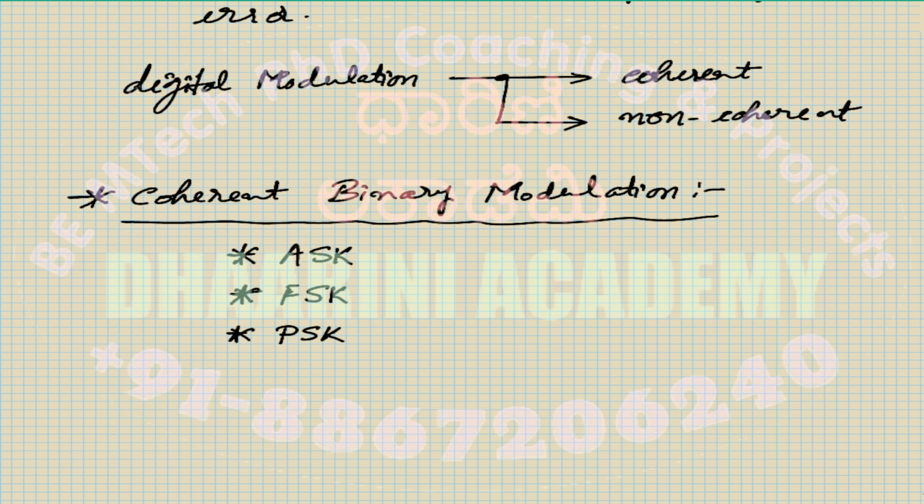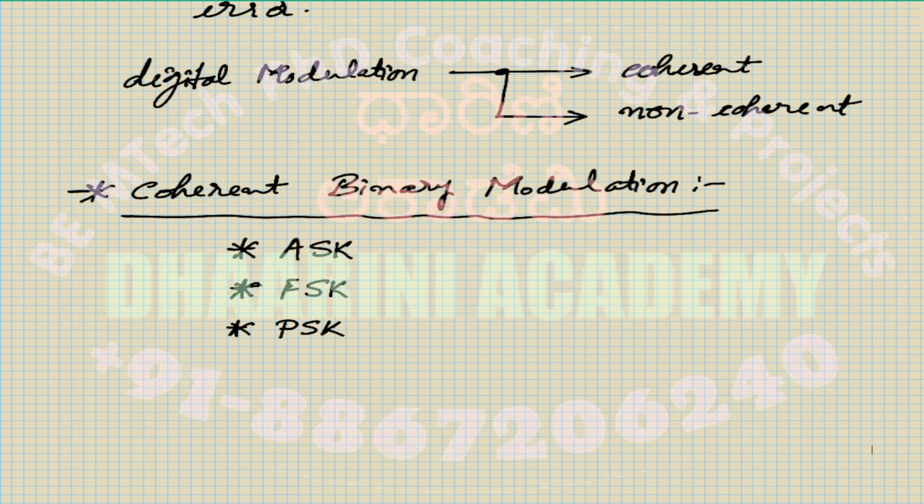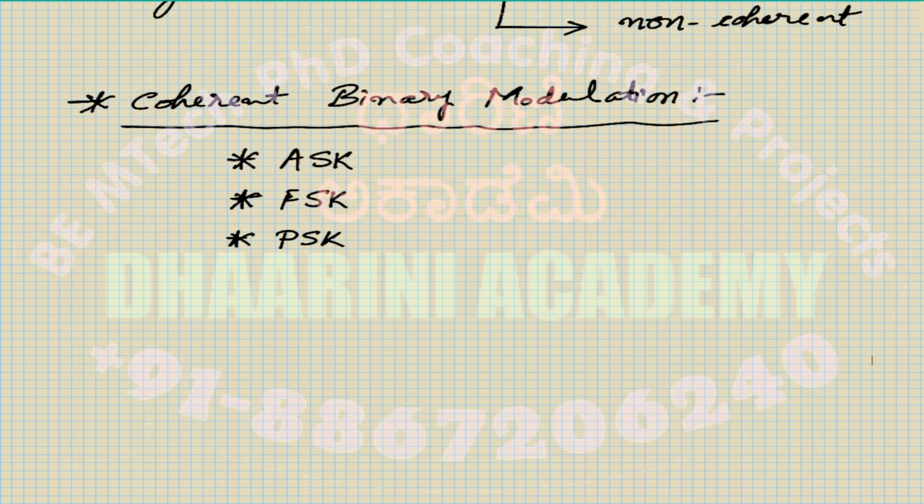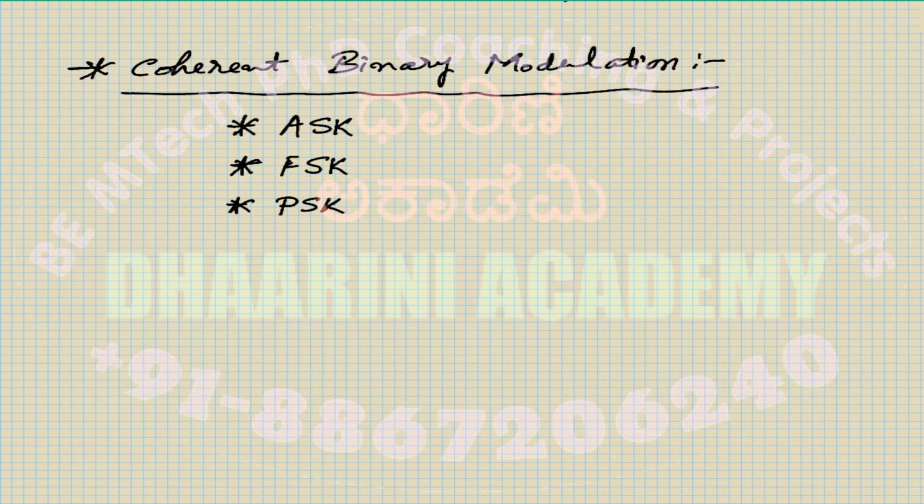So the first technique is this. This is the coherent ASK. There is another name for ASK. Its amplitude is being changed as per the message signal, and we know that the message is either 1 or 0, correct?